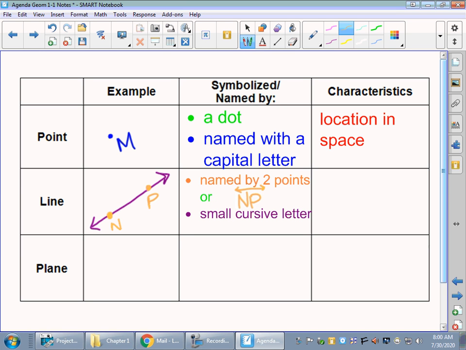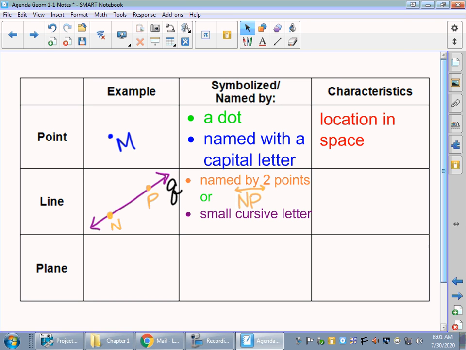We can also call it a small cursive letter. So maybe we're going to call this, let's see how good your cursive is. I'm going to call this Q. That's a Q right there in case you can't tell. Usually that small cursive letter is by one of the arrows, by one of the ends. So I could put it up here.